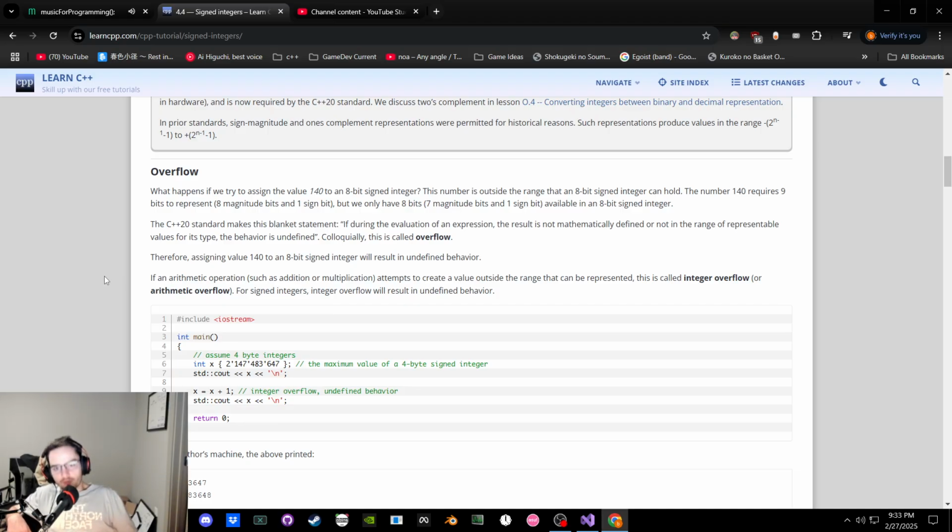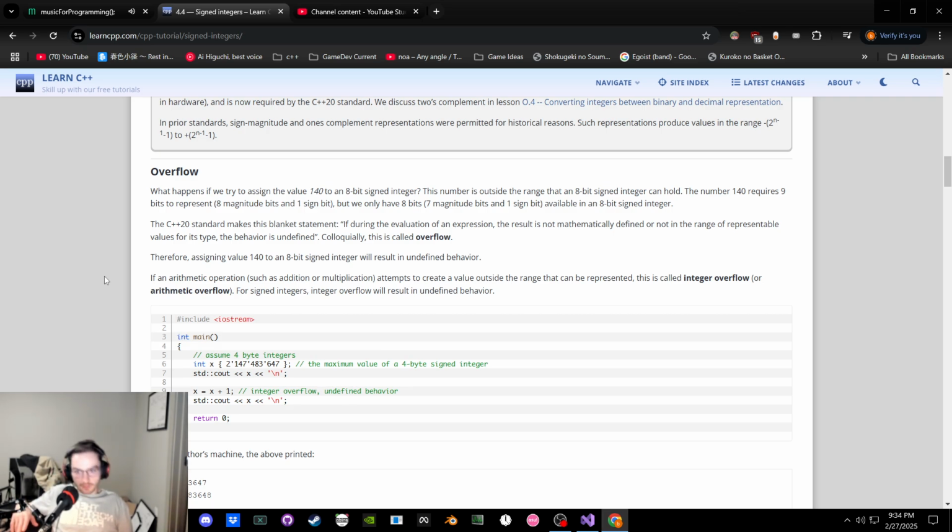If an arithmetic operation attempts to create a value outside the range that can be represented, for example, using an 8-bit int, even though ints are usually 32 bits, a 1-byte one, and we said 127 plus 1, the value can't be represented because it's outside the range, so it's integer overflow.